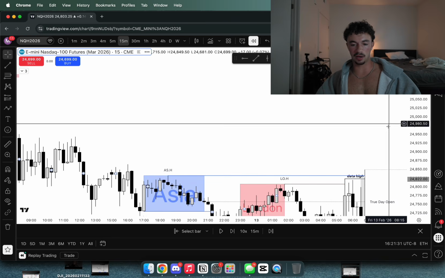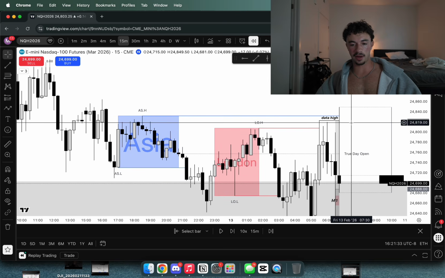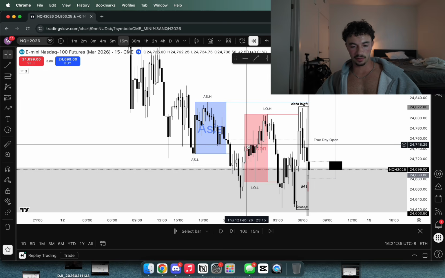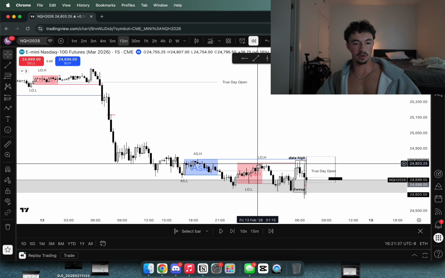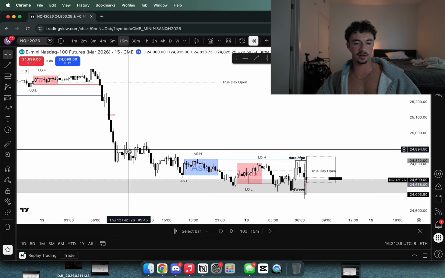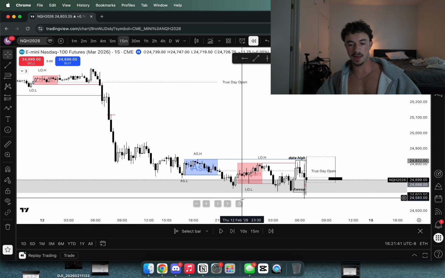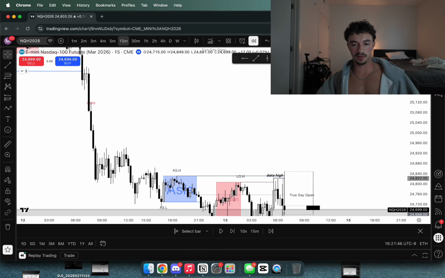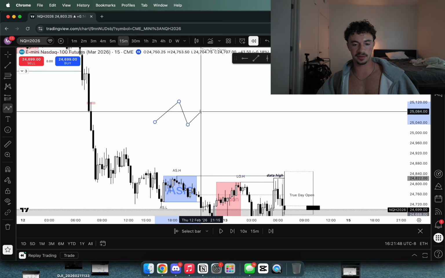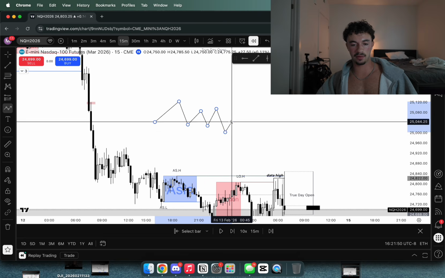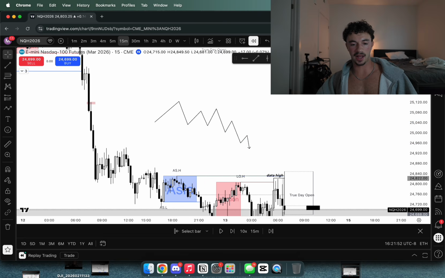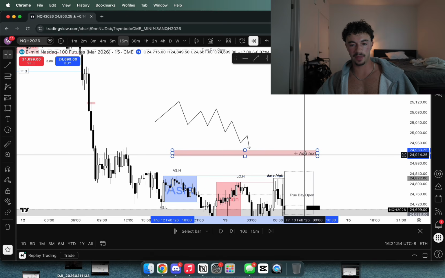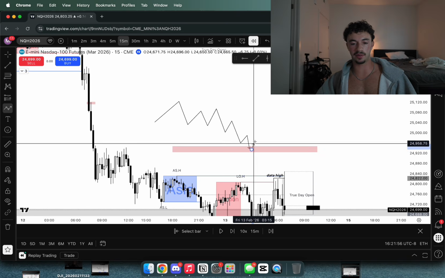Okay, so price moves down and comes down and taps the high time frame gap. Now we're bullish. Once again, price accumulates, goes down, taps the high time frame gap, bang. Now we're bullish looking for buys.